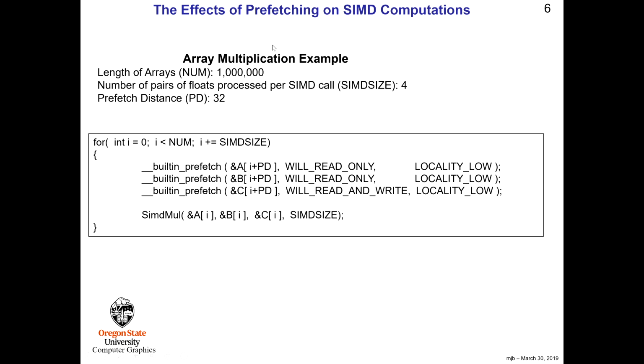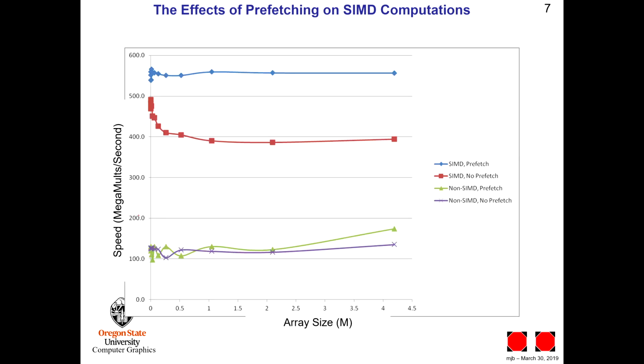Okay, and the effect on SIMD computations: I tried it with this and without this, using the assembly language version here. And you've seen this before in the SIMD notes, but here's what I got.